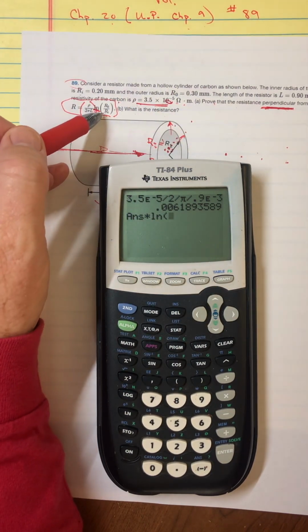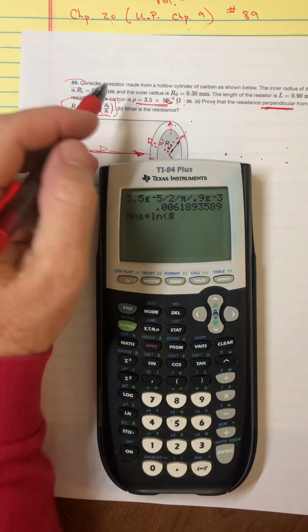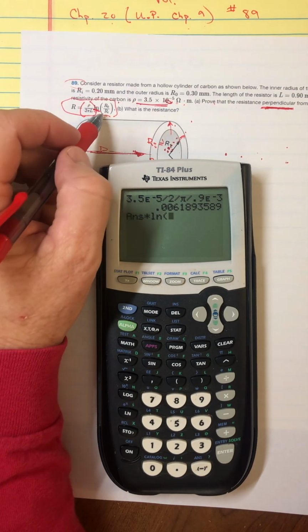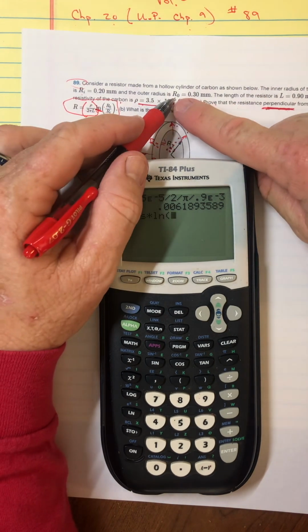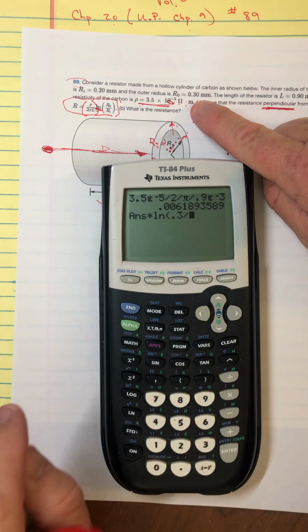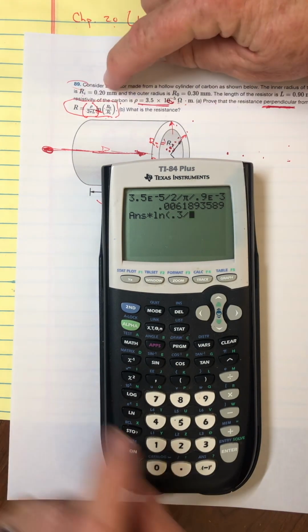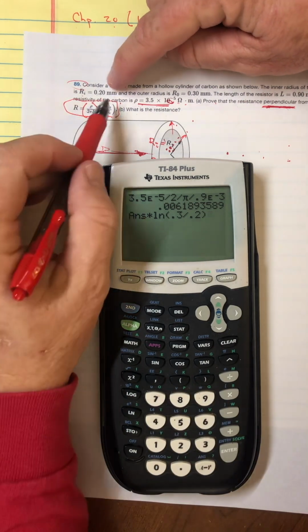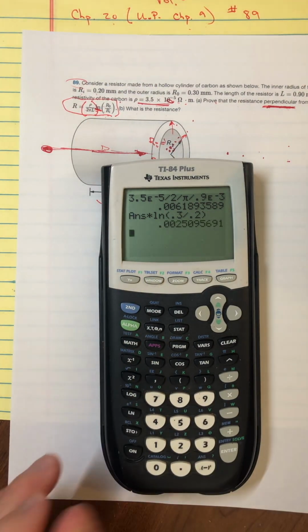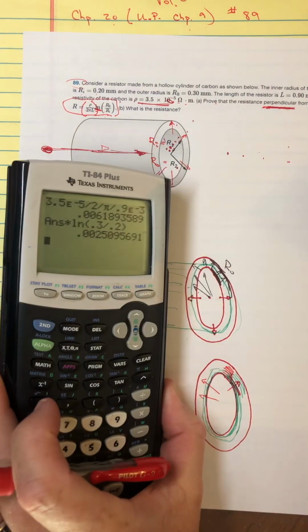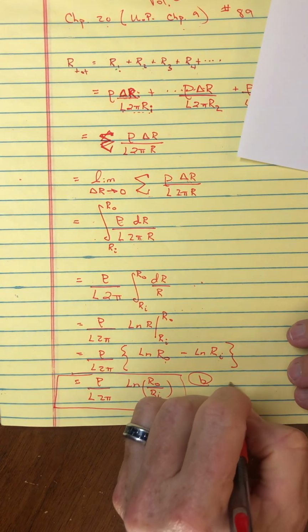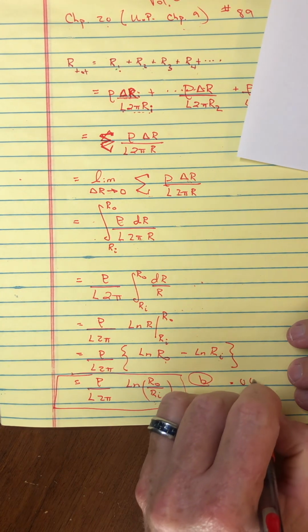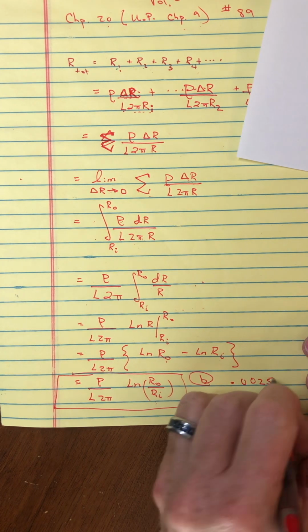So if they're both in millimeters, it would be the same ratio as if I converted them to meters. So I don't have to mess with the conversion to meters for this ratio. So I won't. I'll just take the outer radius, which is 0.3 in units of millimeters, and divide it by the inner radius, which is 0.2, and hit enter. And so after all of that, I get a resistance of 0.0025.